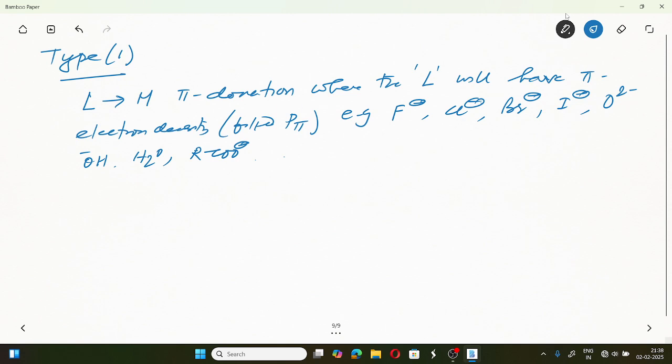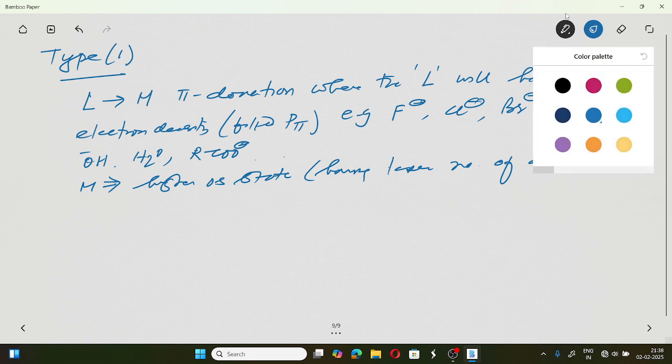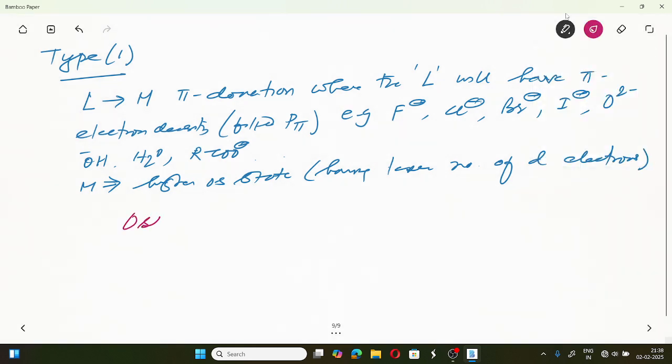And the metal should be in higher oxidation states. It should be in higher oxidation state, that is having lesser number of d electrons. কিরকম হতে পারে, lesser number of d electrons, higher oxidation state যদি হয়, ধরো for example if you look at this compound osmium tetroxide, দেখো higher oxidation state.